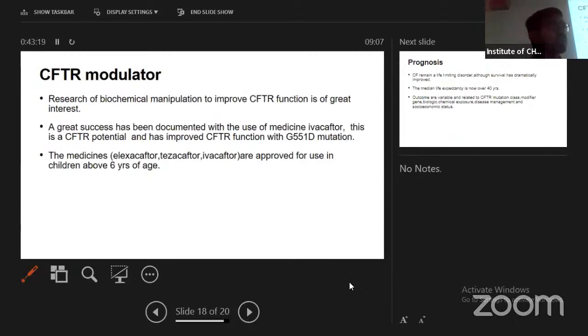We can also bring it from the non-sensitive area to the sensitive area. See, in bronchitis that area is more sensitive.